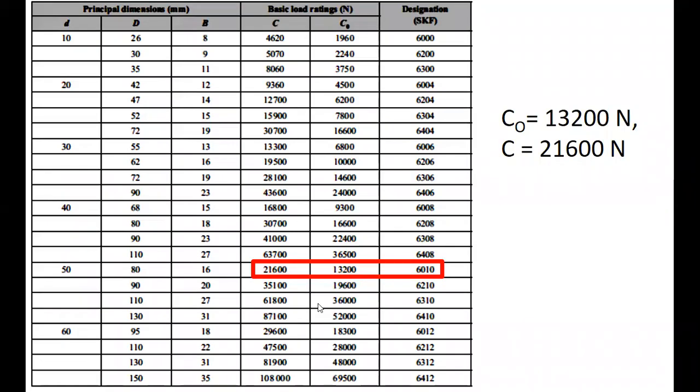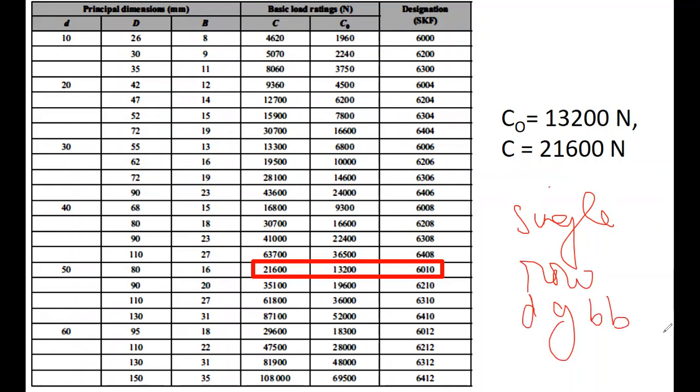So this is the table of single row deep groove ball bearing, which is in Bhandari design data book, where you will find out SKF. Here is our 6010. Here is the CO value. Here are the C values, right?